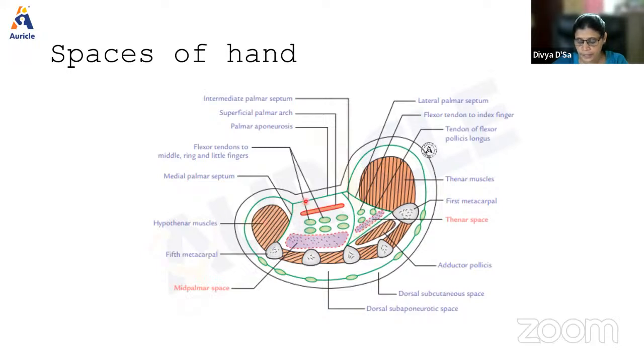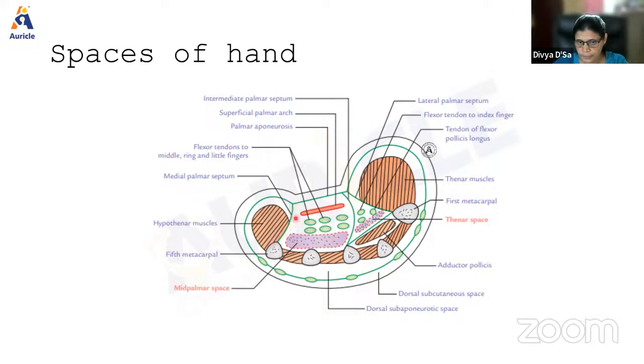Then medially, there is the medial palmar septum. The lateral one was extending from the lateral edge; this is extending from the medial edge of the palmar aponeurosis to the 5th metacarpal.